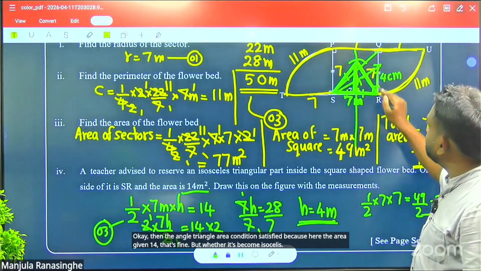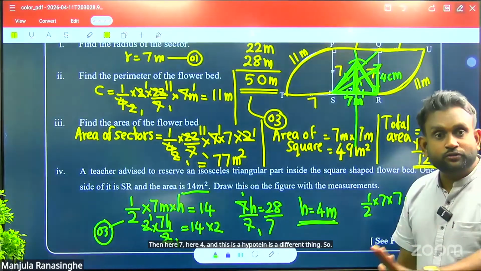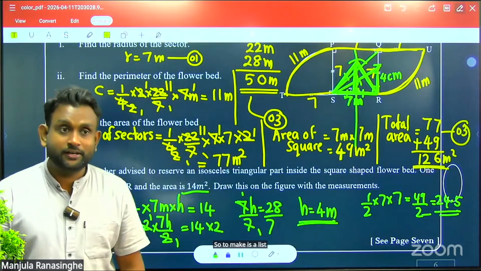Here 7, here 4, and this is the hypotenuse. The right-angle triangle area condition is satisfied because the area given is 14, that's fine, but it doesn't give an isosceles triangle. So to make it isosceles, you have to follow that.